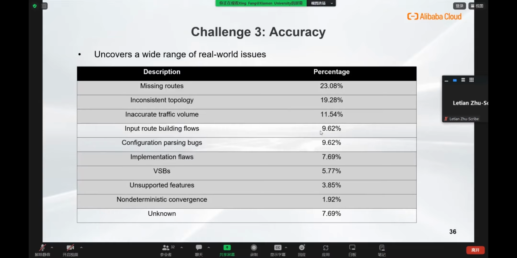I noticed that Hoyan also does some traffic simulation. I think in AI training, the traffic flow pattern is important. Can Hoyan try to verify the traffic flow and support AI training? Yeah, we do have some traffic verification capabilities built in Hoyan.